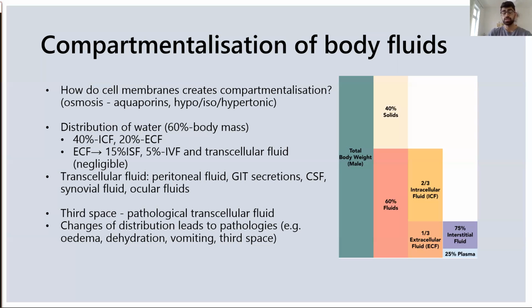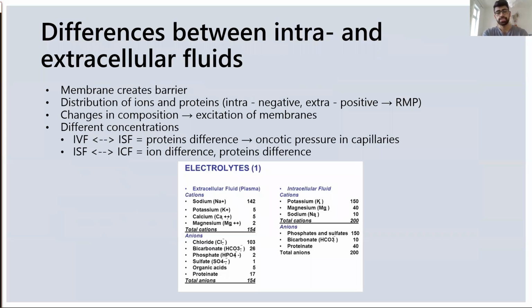So now let's talk about the differences between intra and extracellular fluids. I mentioned before a few times, the membrane itself creates the barrier. The cell membrane is what's creating the division between intra and extracellular fluid.